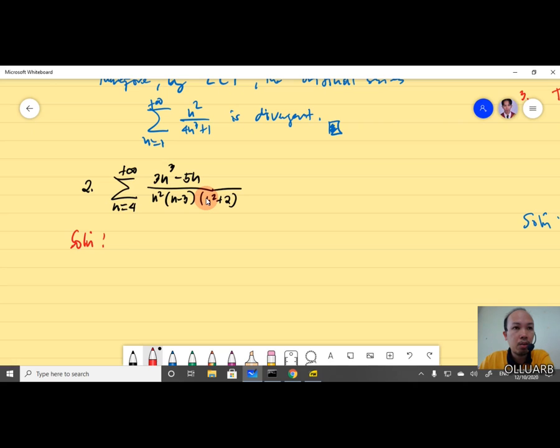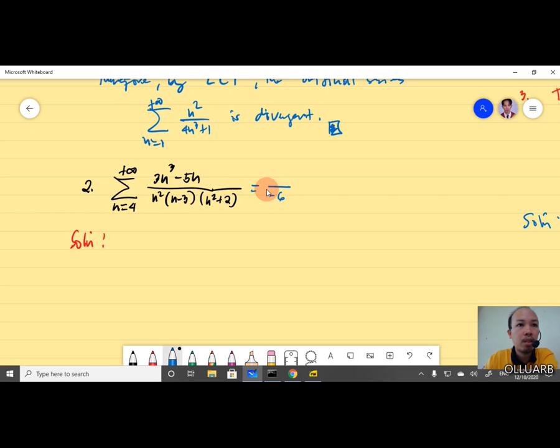For example, when n is equal to 1, the denominator becomes 3 times negative 2, which is negative 6, so we have negative 6. When n is equal to 0, we have undefined.